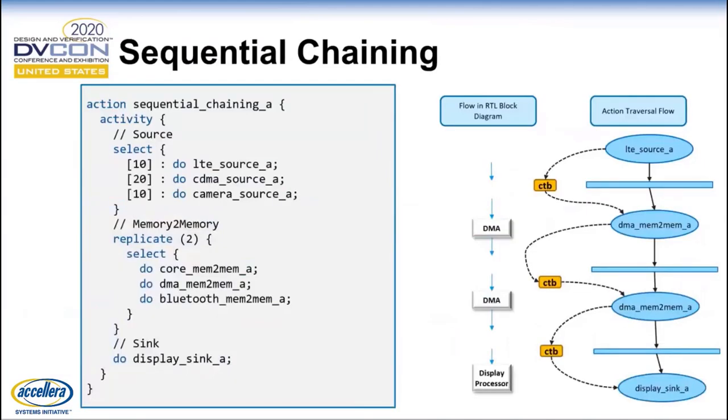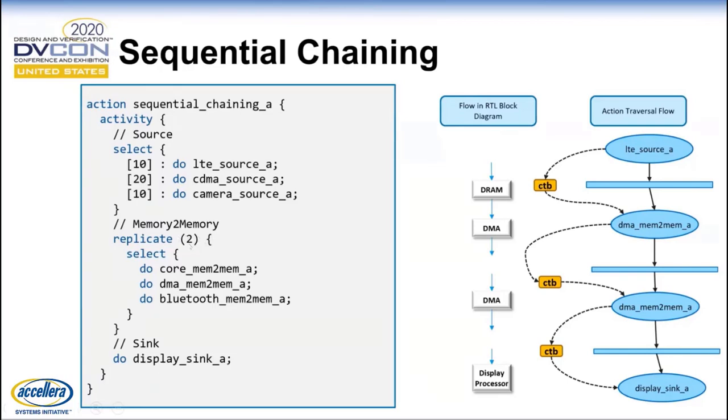So here, for example, we show how conveniently you can create a sequential chain. We always want to start from a source, then have a memory to memory, and then a sync. So we randomly select, weighted, among the available source actions provided by the IP owners, and then we randomly select a memory to memory action, and we could have as many memory to memory actions as we like.